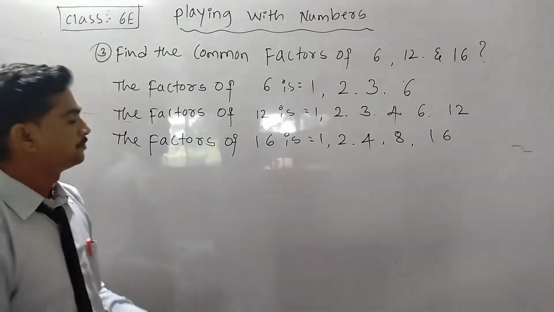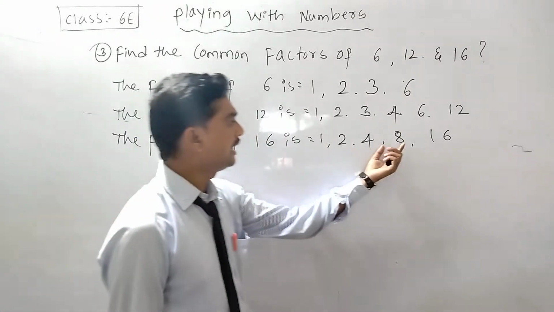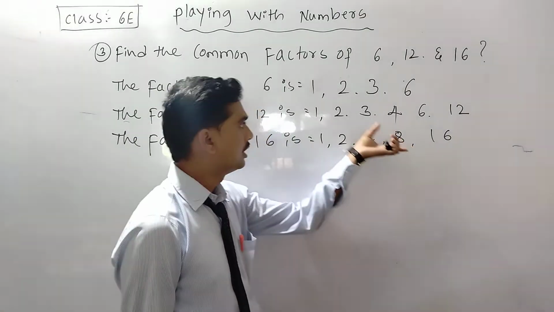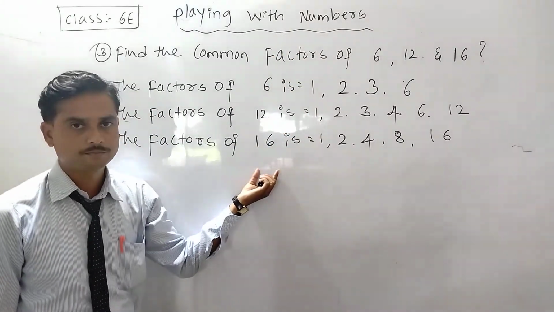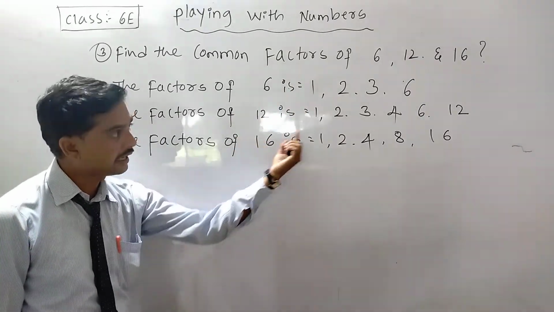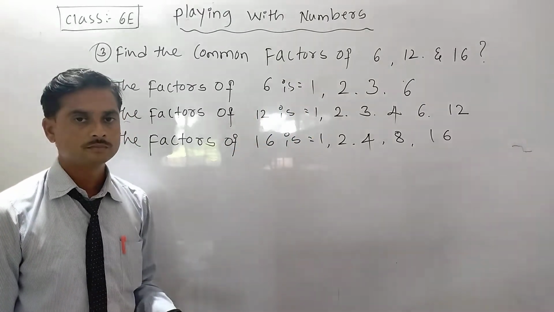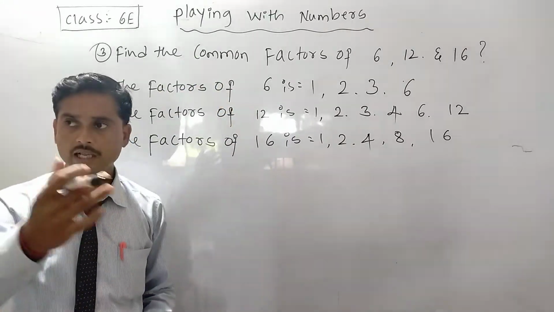Okay, now you have to think here. 16 has 5 factors, I already listed. 6 has how many? 12 has how many? 16 has how many? Then again, what is the next step?